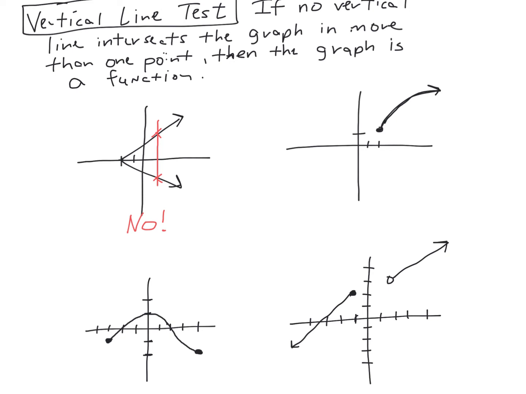So for domain, which is the set of x coordinates, you can see that the entire graph is from here, this is on the x-axis, to the right. So we would say the domain would be x is greater than, and since it's a closed dot, greater than or equal to 2. The range is then on the y coordinates.